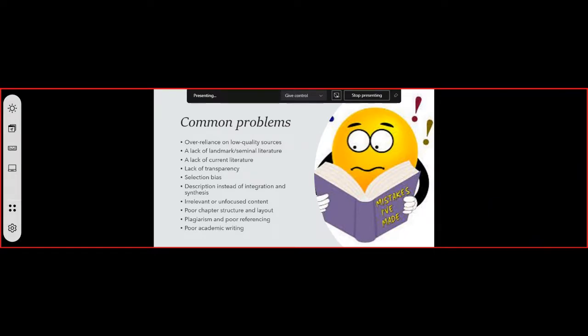Often there is a huge problem with selection bias. And what I mean by that is that as I read your review, I begin to realize that you only use sources that go along with your point of view, that you only look at one side of a story or only one side of an argument.